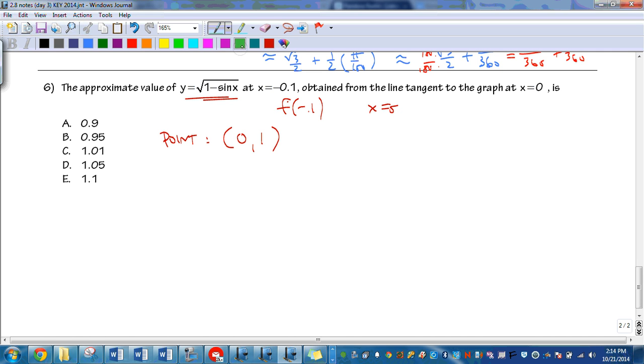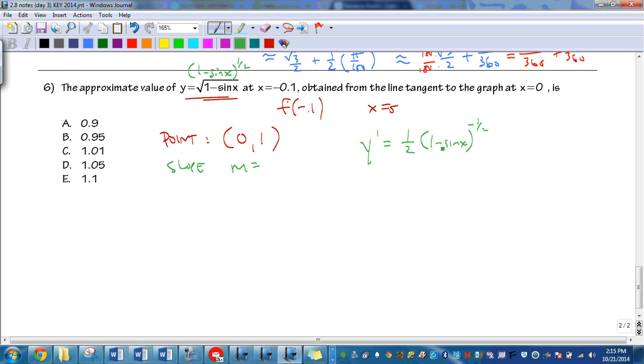Then we want to find the slope. And that comes from our derivative. So we want to find the derivative of y. So derivative of this, we can think of this function as 1 minus sine of x to the 1/2. So our derivative, we have to use the chain rule. We get 1/2 times 1 minus sine of x to the negative 1/2.